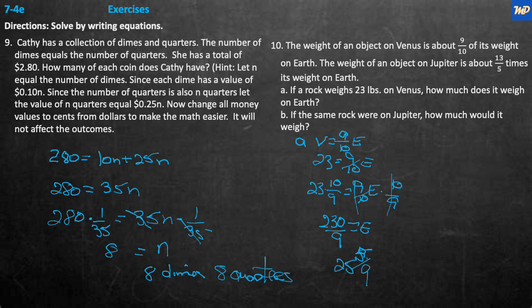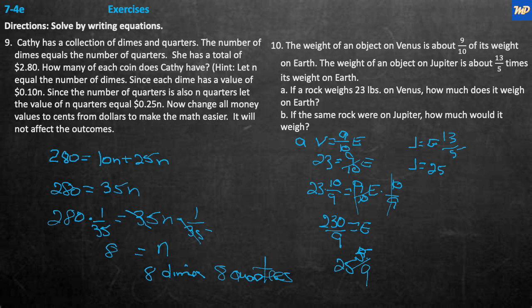Jupiter. So the weight on Jupiter is equal to the Earth's weight times 13/5. Okay, so we know the Earth's weight.